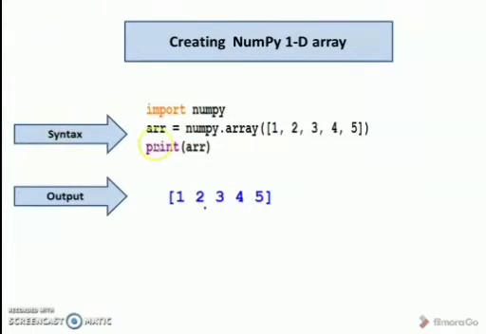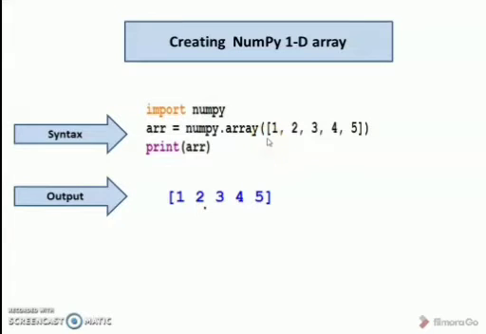To use NumPy in Python code, first we need to import NumPy, and this is the syntax to import, as we already discussed in Python modules. You can refer to the link given in the description box. Now to create array, we use array function and we pass a list to it, and it will create an array object.